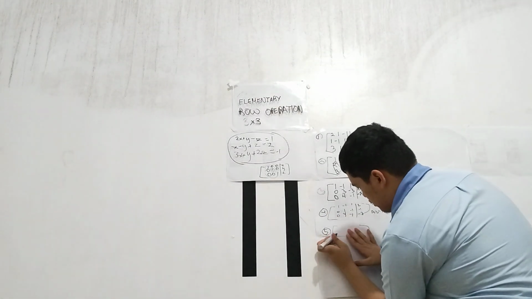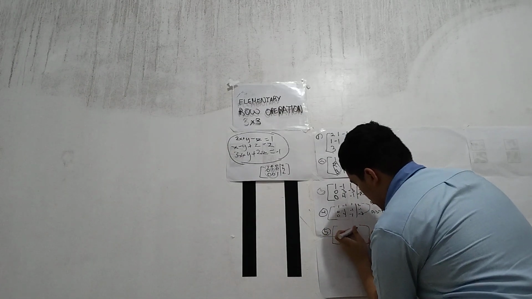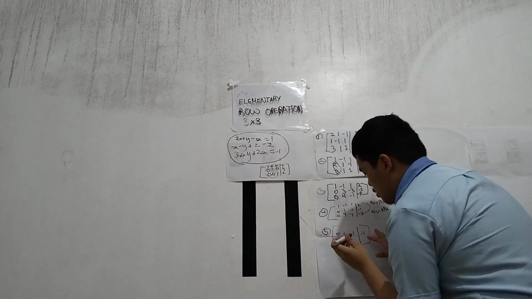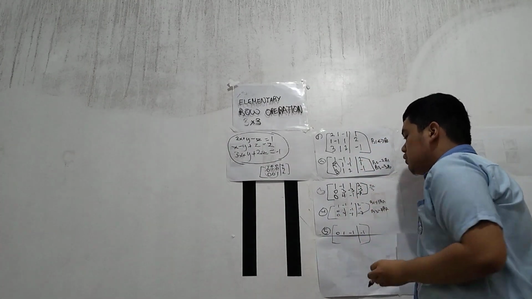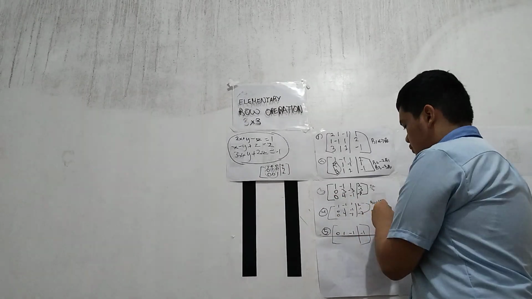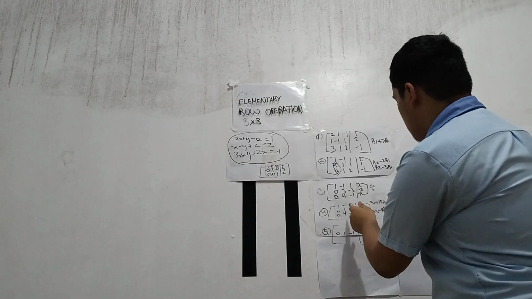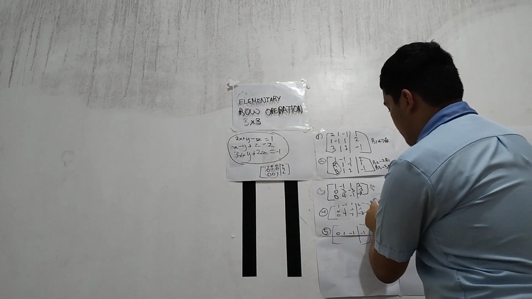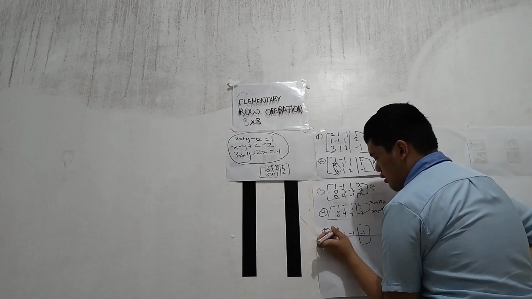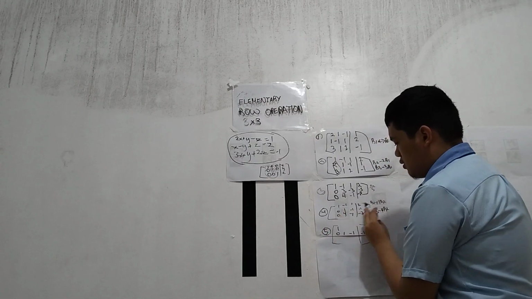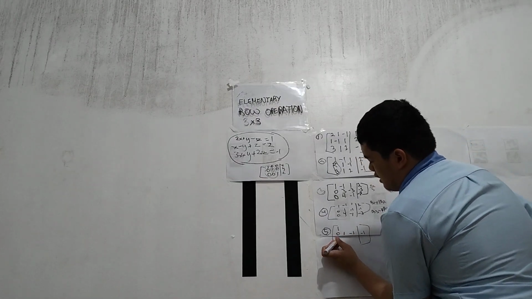Now we will substitute first this second row. We need to multiply R2 by 1 for the variable: 1 plus 0, because 1 times 0 is 0, and same concept to this, 0 minus 0 is always a 0.